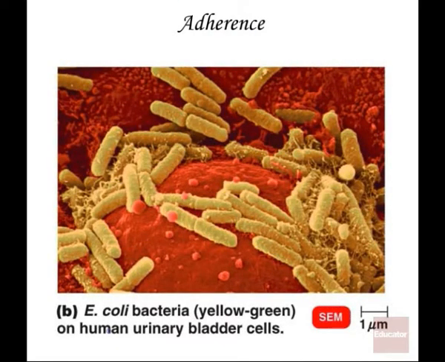So here's another example. Here's the E. coli bacteria adhering to this human bladder cell. Now you think, my God, what kind of bacteria could ever live in a human bladder? Because obviously it's very acidic, but certainly the E. coli can.